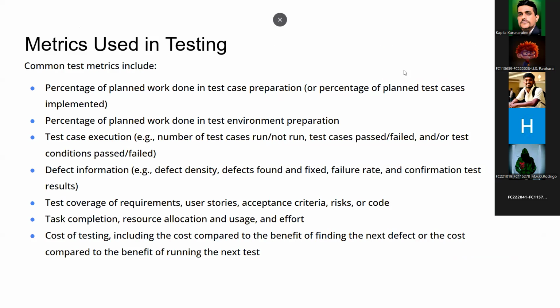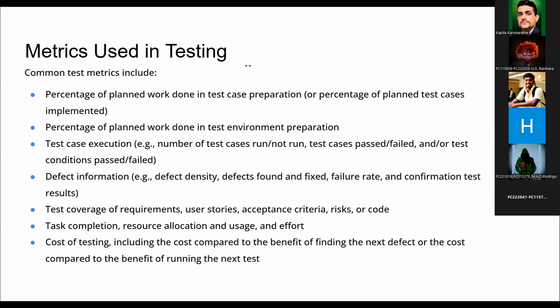So there are a few different types of metrics. If it's about code, you can have defect density or defect severity index. These are the two key metrics. Defect density is how many defects are available for a certain number of lines of code.